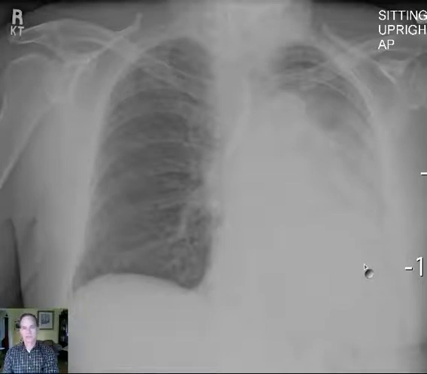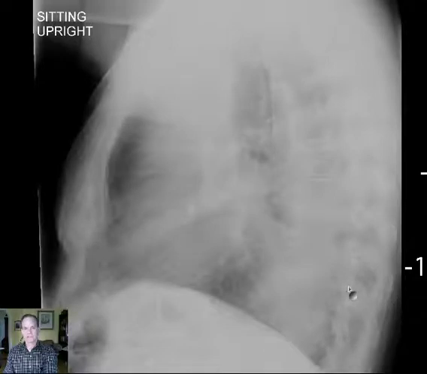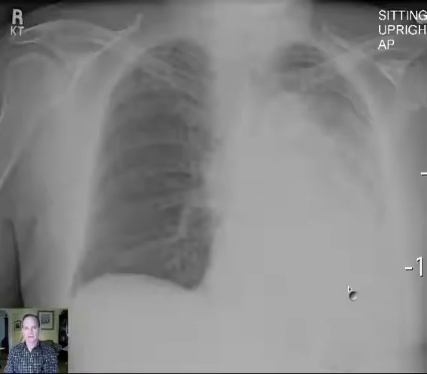appears completely silhouetted. I'm not sure exactly where the left hemidiaphragm is, if it's up here and there has been just that large an extent of volume loss, or if it's down here and it's just opacified. So really hard to tell exactly where that left diaphragm is.